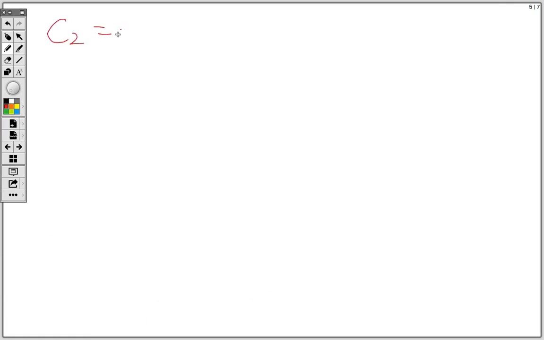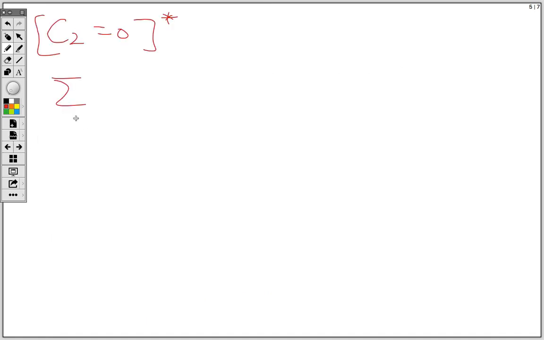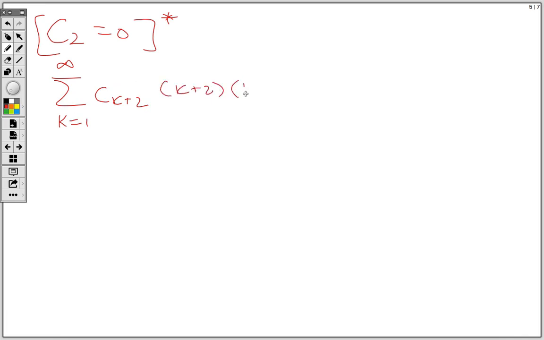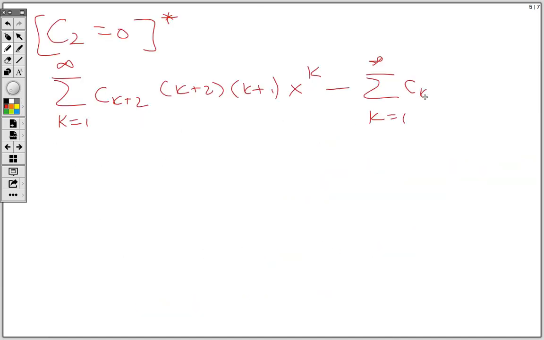So I still have C2 equals 0. I'm going to keep that up there. But now my equation looks like this. I've got the sum, k goes from 1 to infinity. And I'm just going to write this down. c sub k plus 2, k plus 2, k plus 1, x to the k, minus sum k equal 1 to infinity, c sub k minus 1, x to the k equals 0.